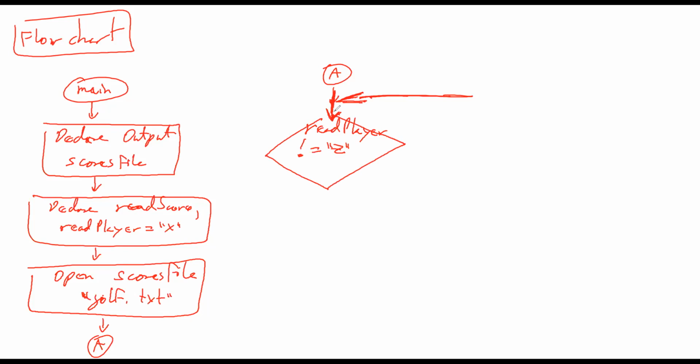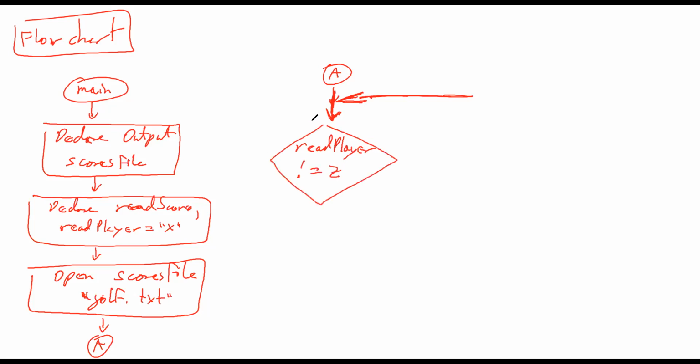Okay. Or we have, no, actually, that's the condition in the while loop. Sorry. Yeah. So we do a while loop until somebody enters Z. Oh, okay. Yeah, that's right. So then this should be read player not equal Z as part of the while loop.